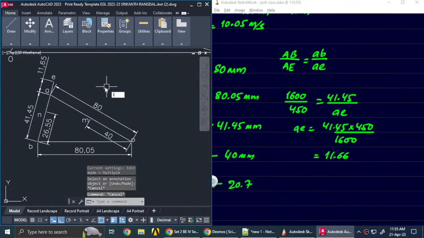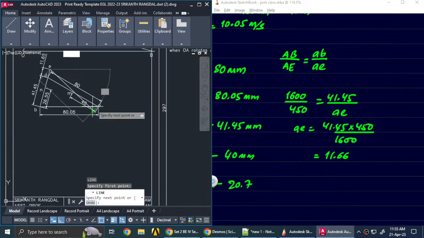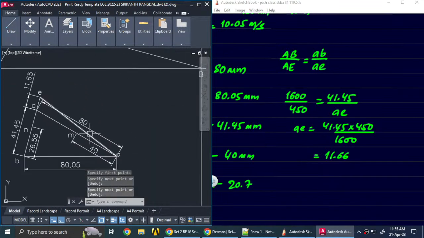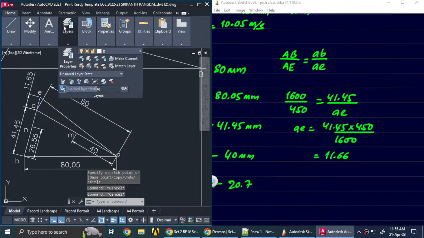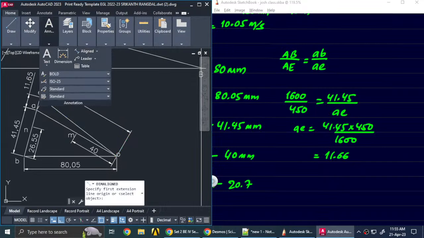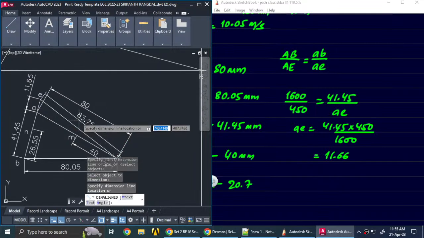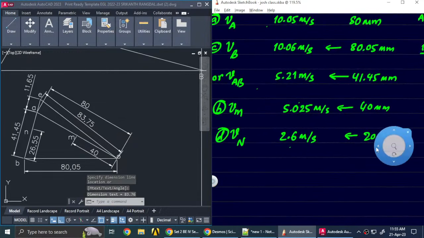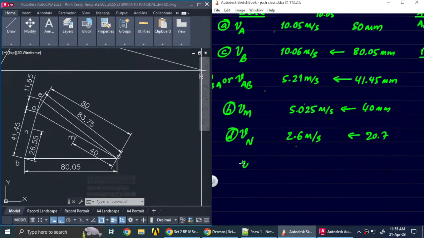We want the absolute velocity of E, so we need to join that with this point over here. Now we need to measure this distance. When we want to find the velocity of E, we're getting the measurement as 83.75.